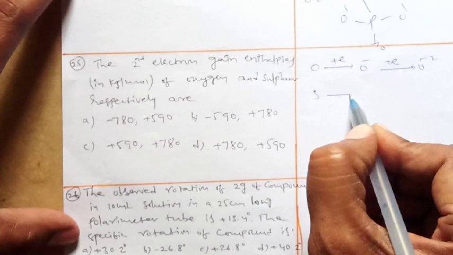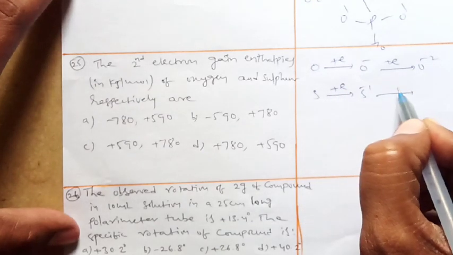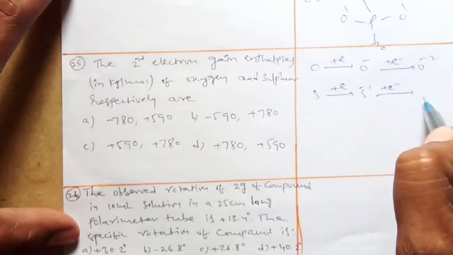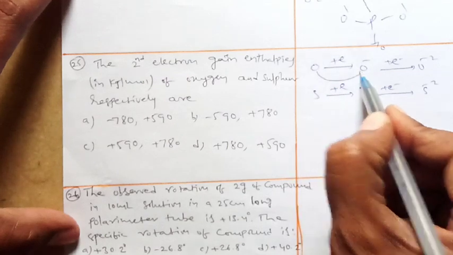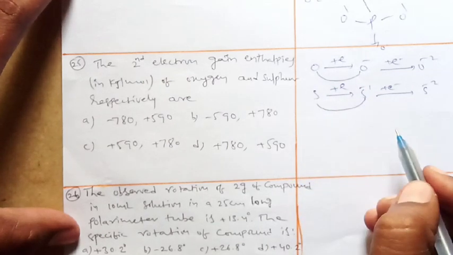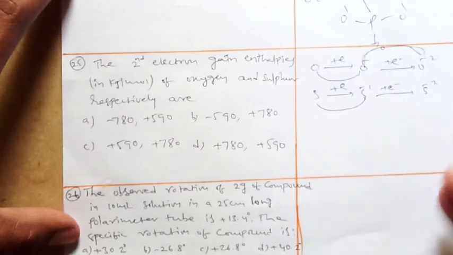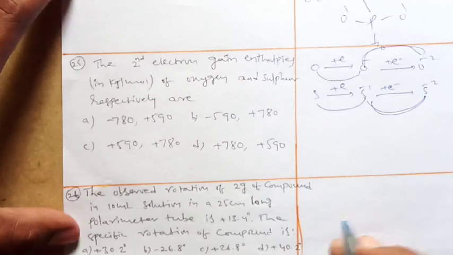Similarly, sulfur by taking one electron gives S minus, and by taking one more electron gives S minus 2. The first addition is exothermic, but the second addition is definitely endothermic, so energy has to be supplied.